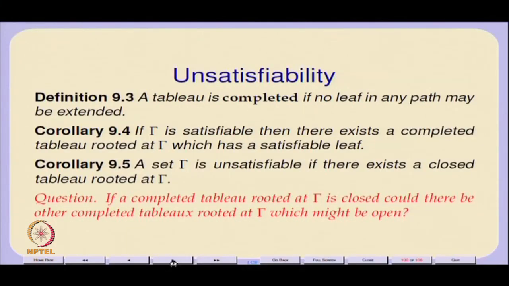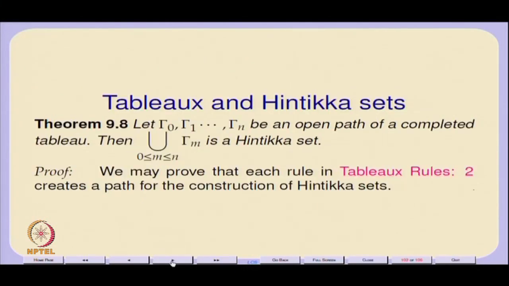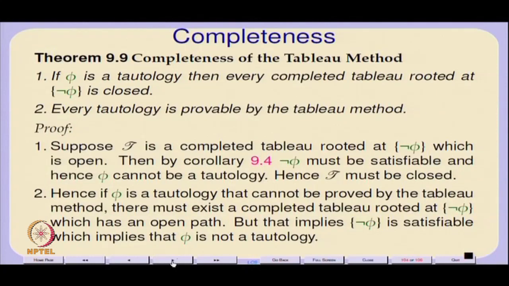That is the reason why methods like resolution and tableau work so well, and that is because of this theorem, which essentially tells you that every tableau for an unsatisfiable formula will close. Therefore, the tableau method is complete.